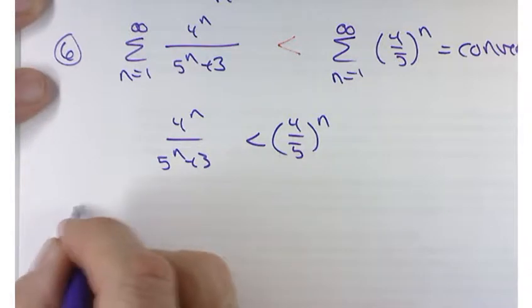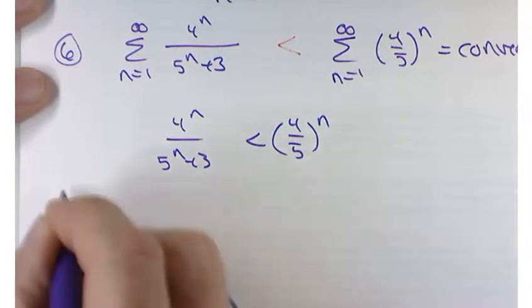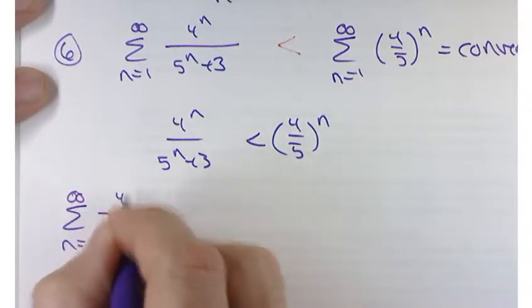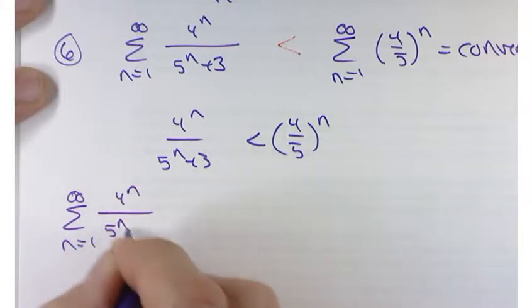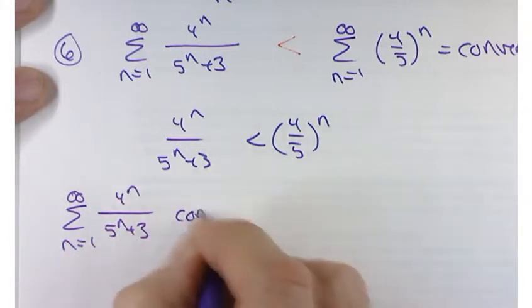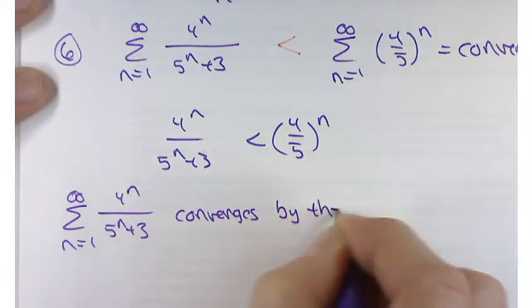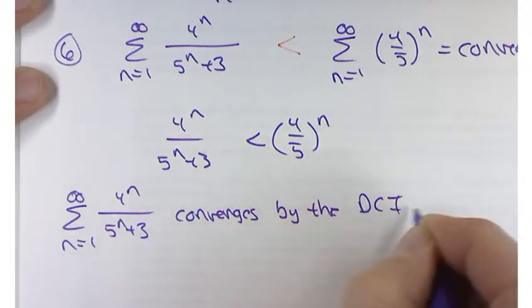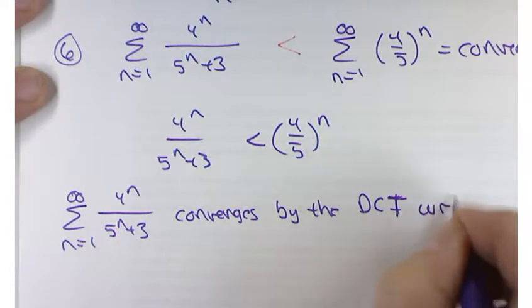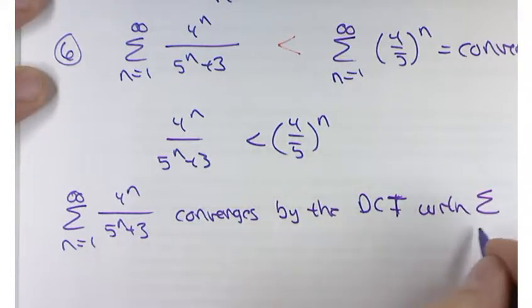So this series, 4 to the n over 5 to the n plus 3, converges by the direct comparison test with this.